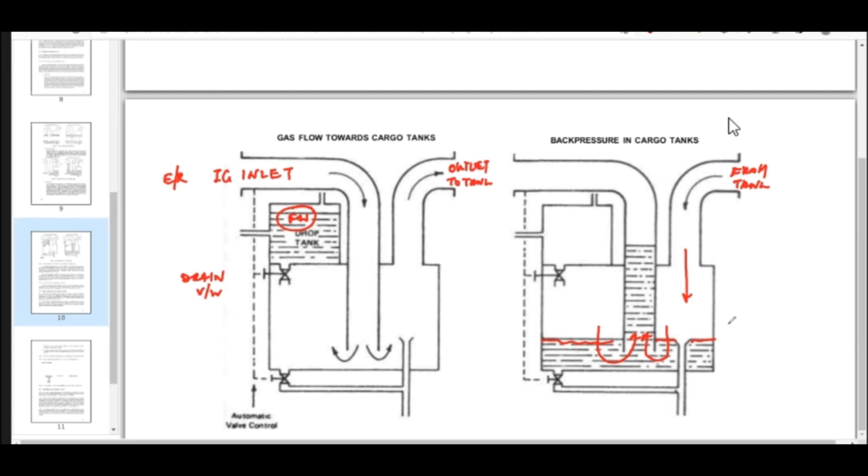Now, in case there is a backflow, then that backflow pressure will push the liquid inside the inlet pipe, and it will prevent the passage of vapor back to the engine room. Any doubts? Are we okay with this?